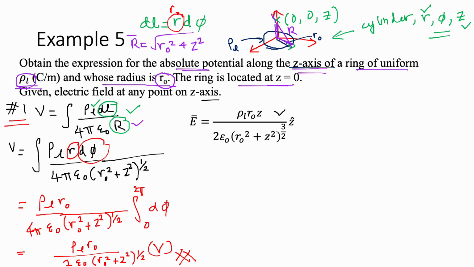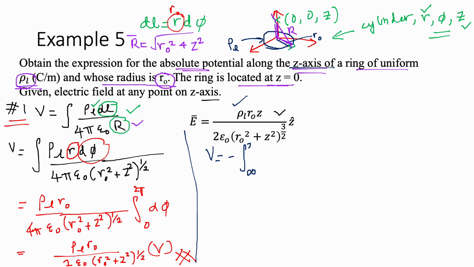Okay, there is another method that we can use to solve this question. Another method uses the E that is given to us. So V is equal to negative the integral of E dot dl. Since it is absolute potential, your initial will be at infinity, and the final will be located at z.